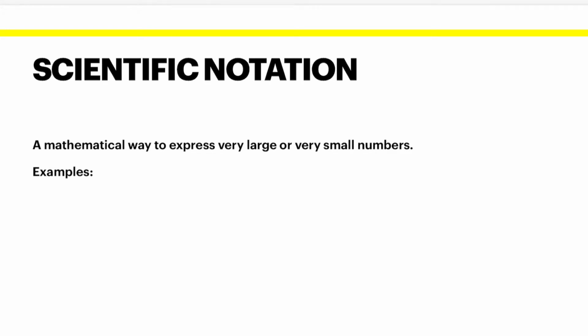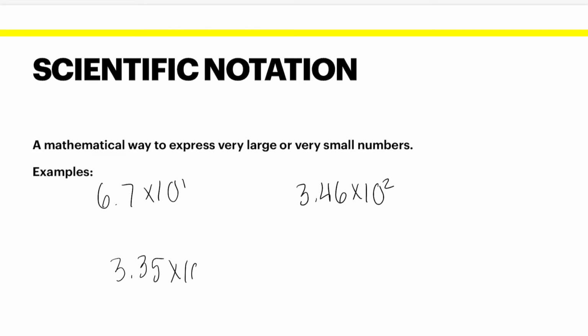So for a couple examples, 6.7 times 10 to the first is in scientific notation. 3.46 times 10 to the second is in scientific notation. 3.35 times 10 to the negative first is in scientific notation, and 7.3 times 10 to the negative 6 is in scientific notation.